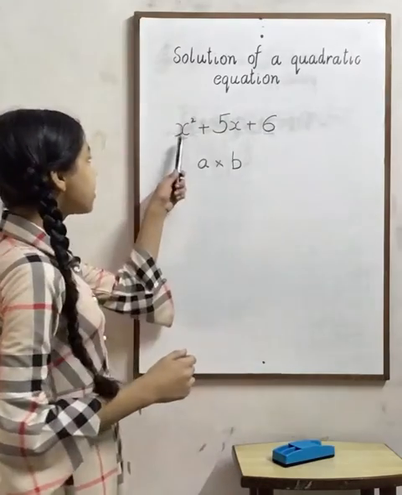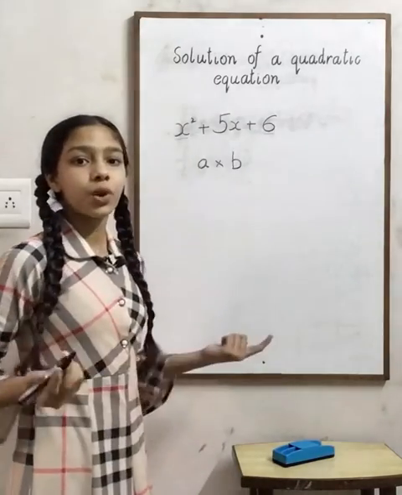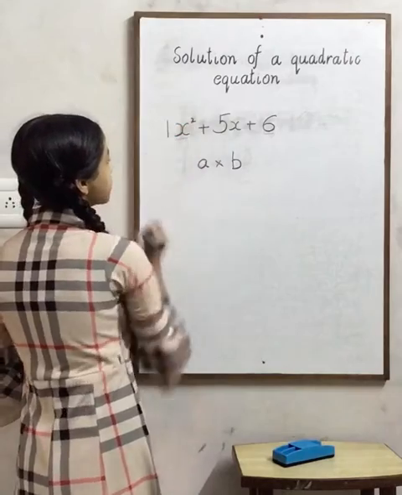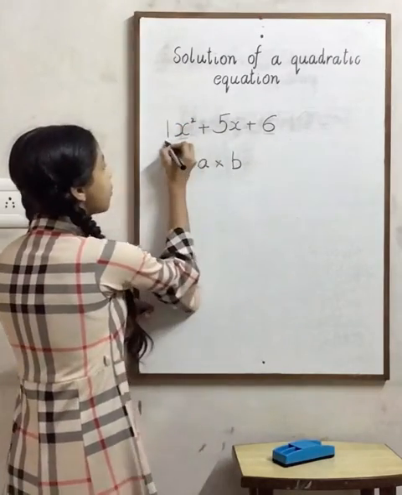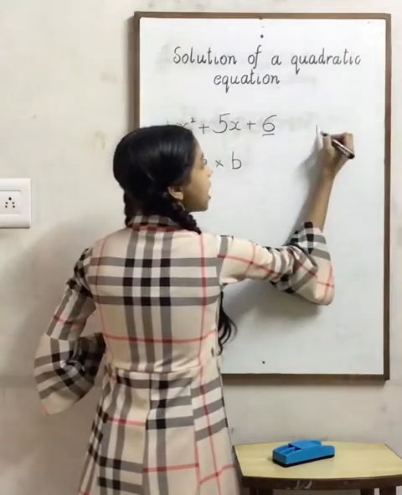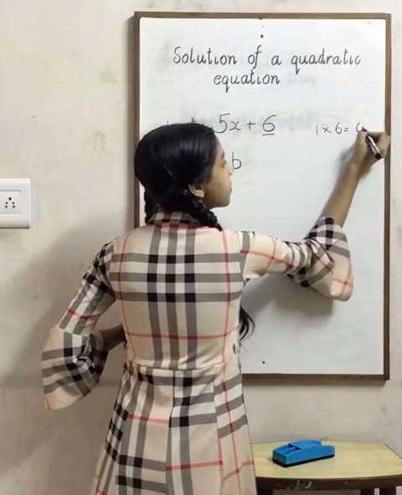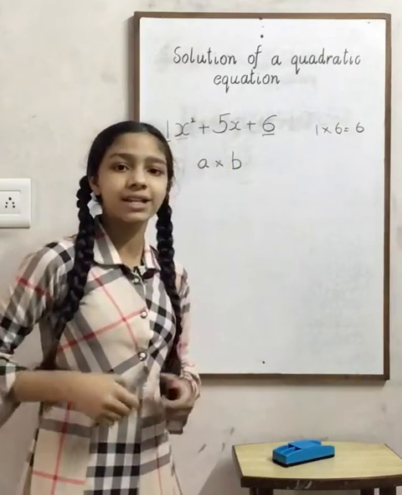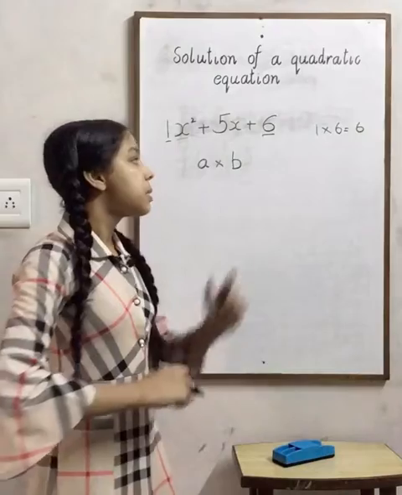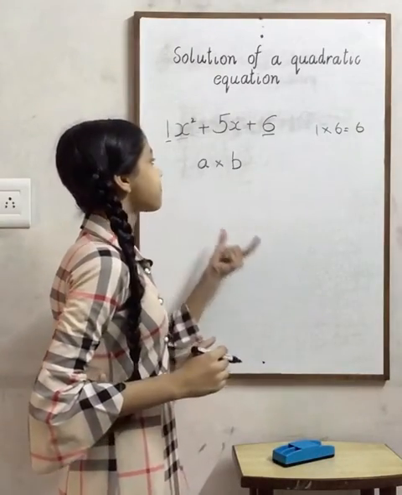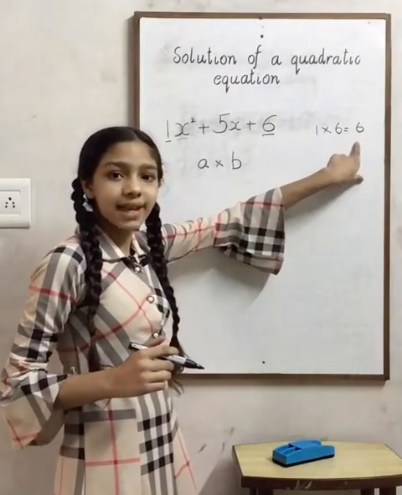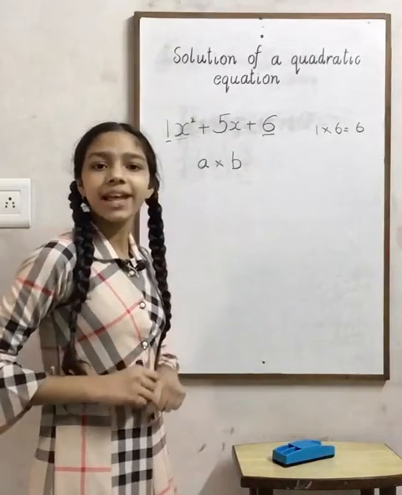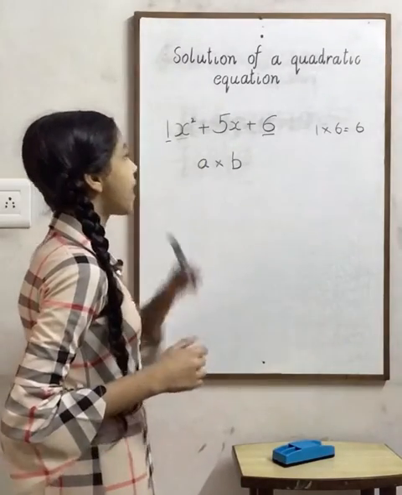So as here is only x square, here is 1, and by multiplying 1 to 6, the answer is 6, and we have to find those two terms by which multiplying them the answer should be 6, and by adding them the answer should be 5.